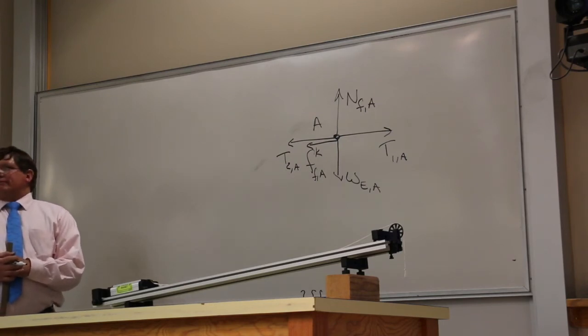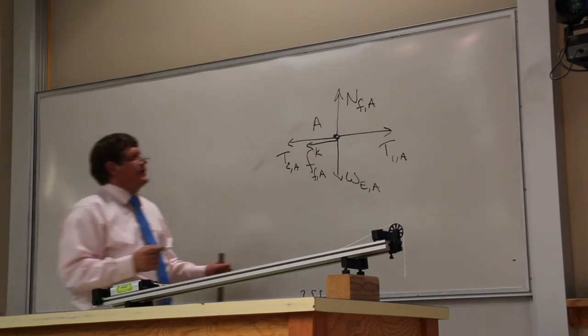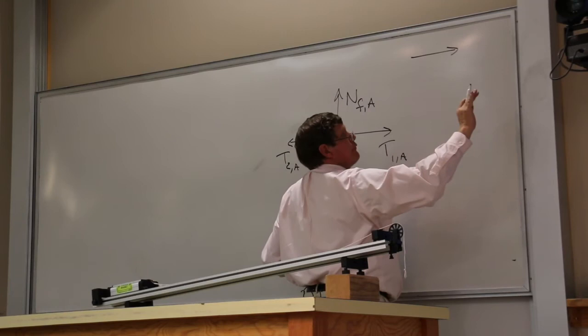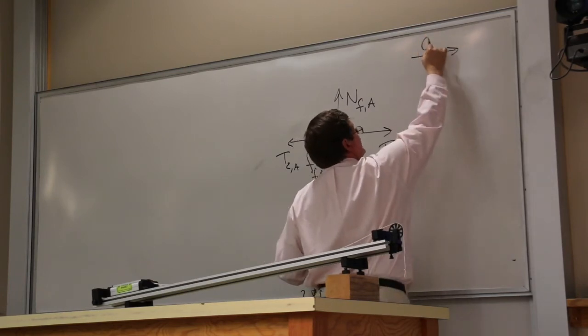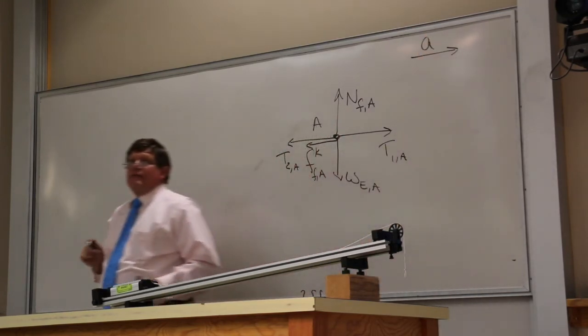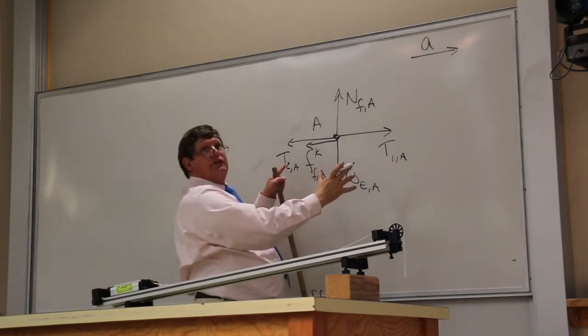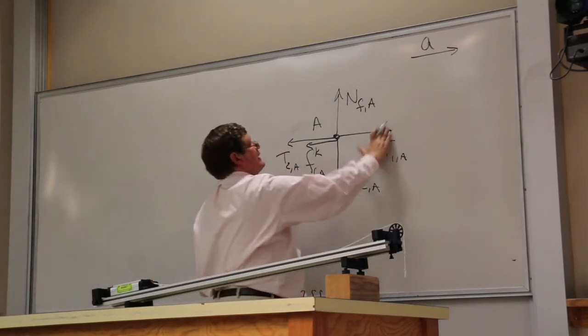Well, that's not helpful until I use the fact that the books, both A and B, are speeding up to the right. So they have an acceleration to the right. That means this diagram that I just drew has to scream to the right.